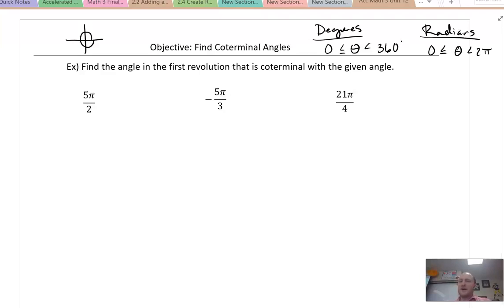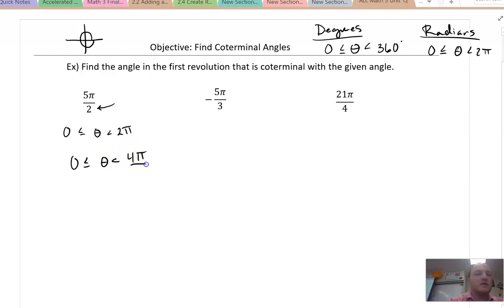So here it says find the angle in the first revolution that is coterminal with the given angle. Again, I want this angle to be between 0 and 2 pi. Notice I'm dealing with a 5 pi over 2 angle, so I want to adjust this. This is going to be between 0 and 4 pi over 2.